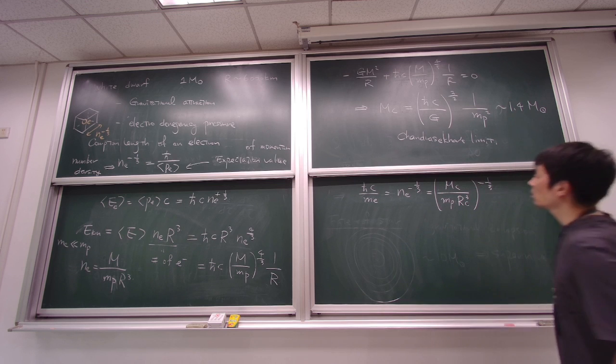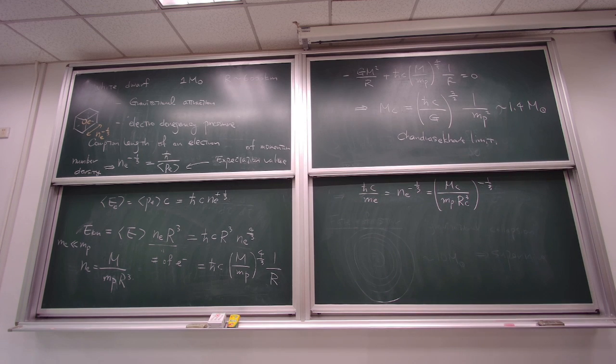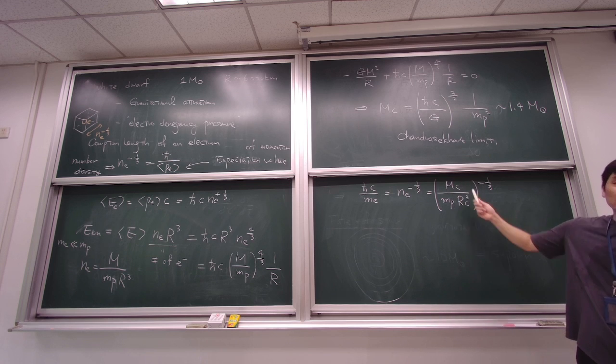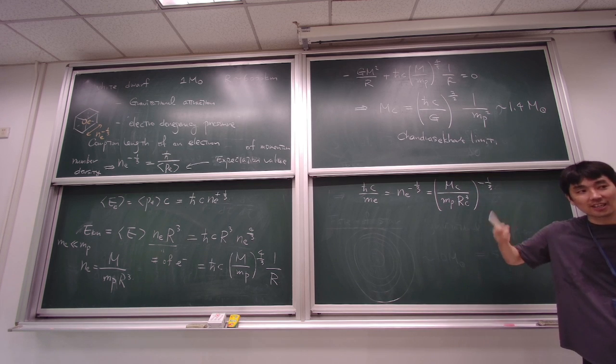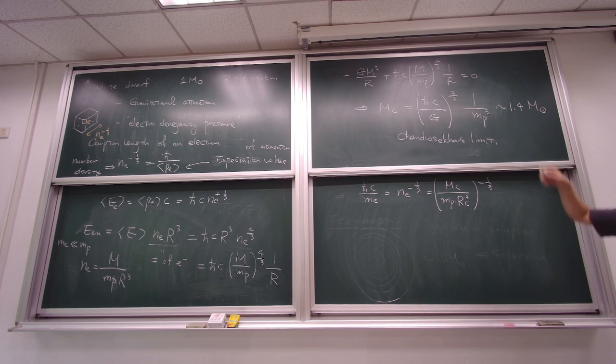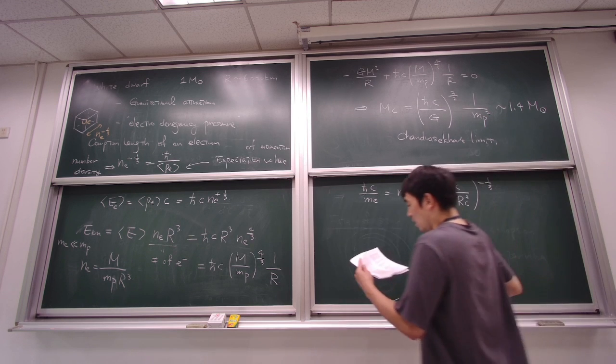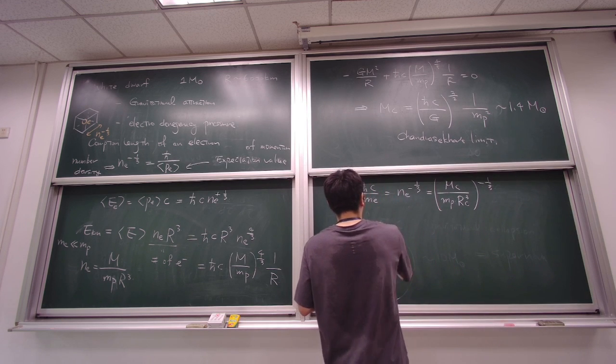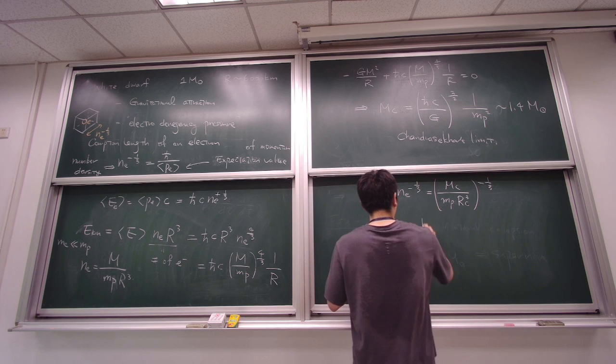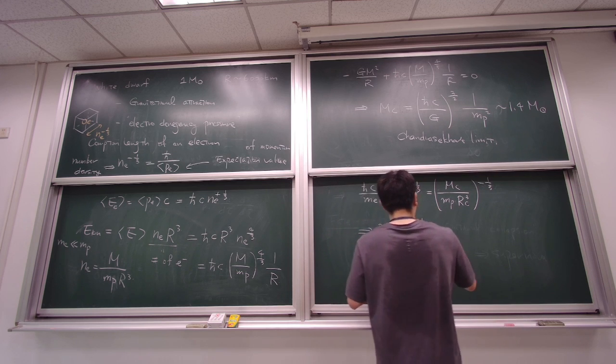So this is the rough estimate of the radius versus mass. C means Chandrasekhar, coming from the Chandrasekhar limit, the maximum mass.